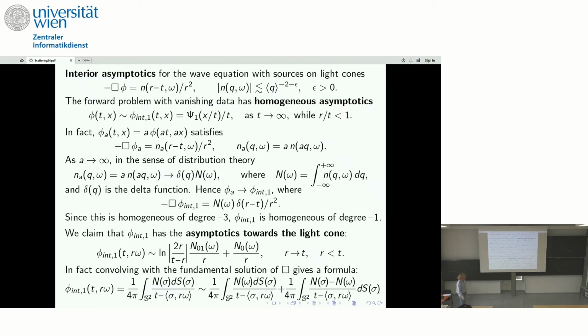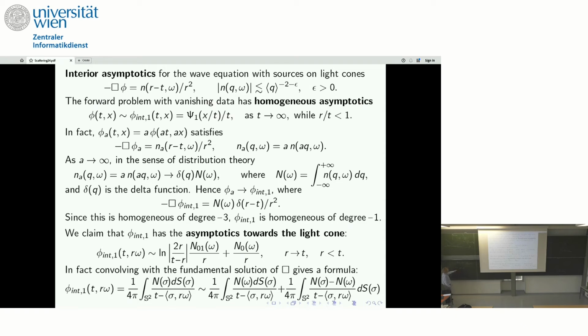So the idea behind that is that if you have something that looks like a times n of q, aq, and omega, what I claim is that this converges to a delta function of q, where n decays like n of q, omega is at least 1 over q to the 1 plus epsilon.